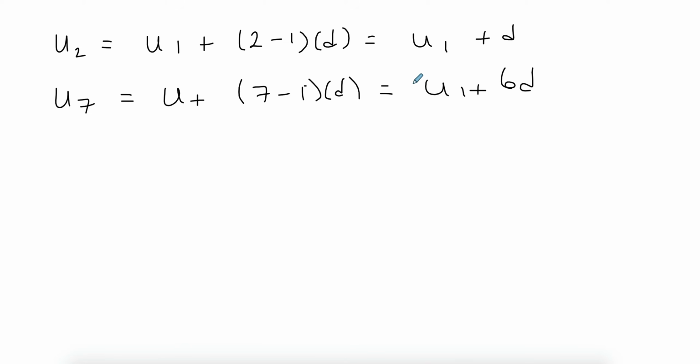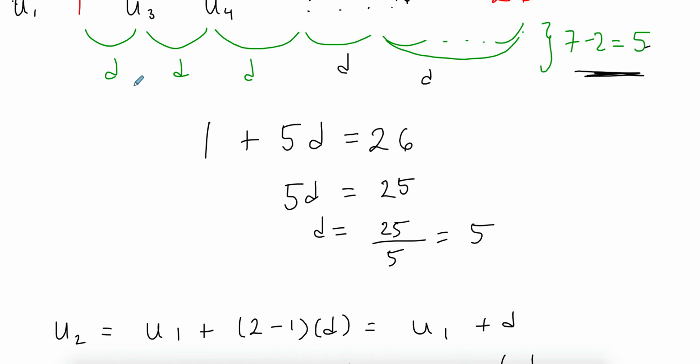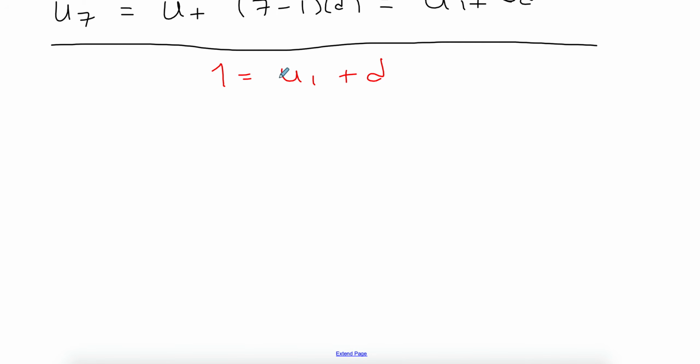So you have two simultaneous equations. If I substitute the values I know, I know that u2 is 1, so 1 is equal to u1 plus d. And I know that u7 is 26, so 26 is equal to u1 plus 6d.